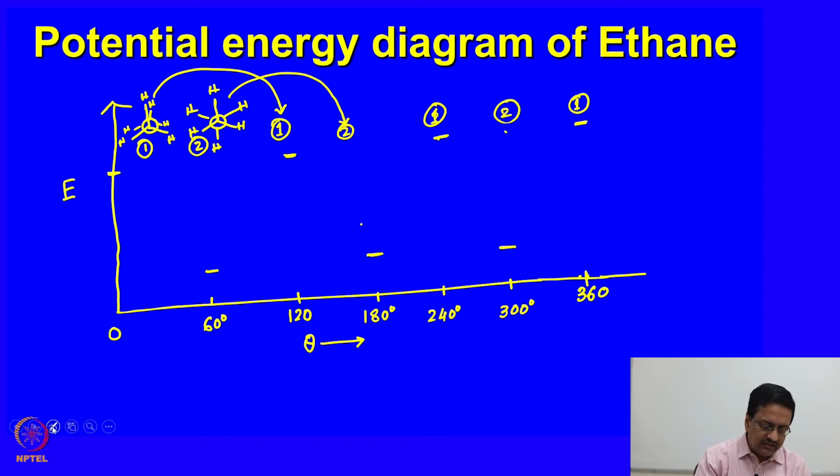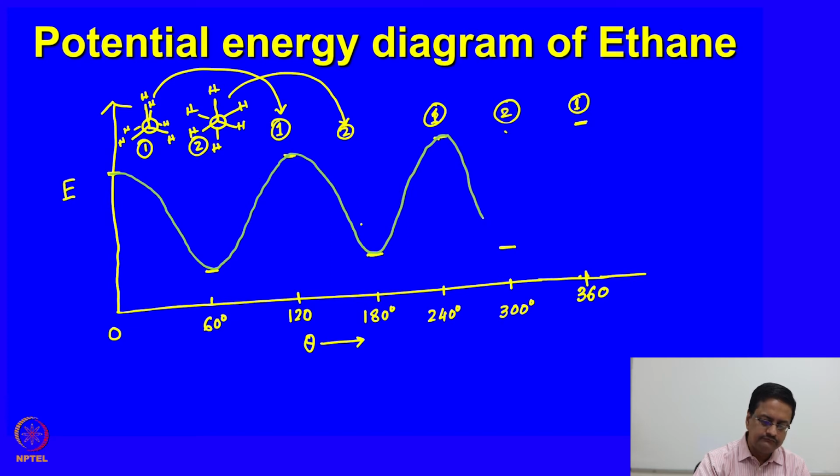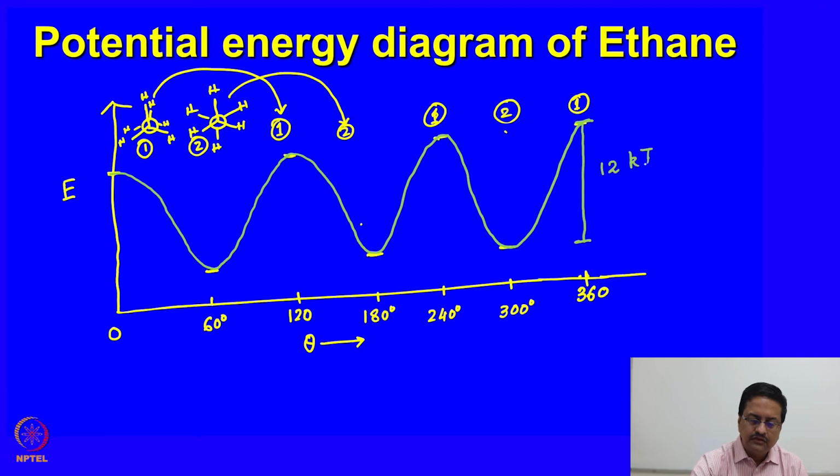If I want to join these energies by a smooth curve, what I would get is like that. So, the potential energy of different conformers of ethane varies along this curve, and the difference between the highest and lowest energy conformer is 12 kilojoules per mole.